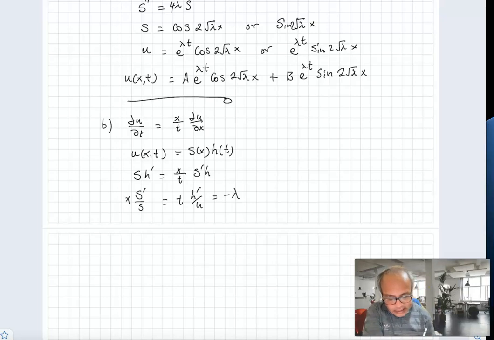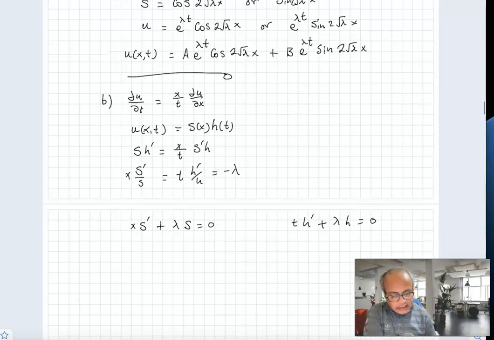From the left hand side, I get x times s prime plus lambda s equals 0. And for the functions dependent on t, h of t, I get t times h prime plus lambda times h equals 0.